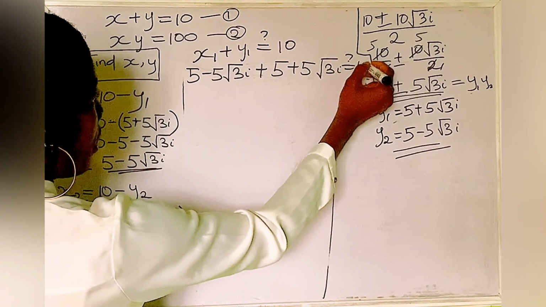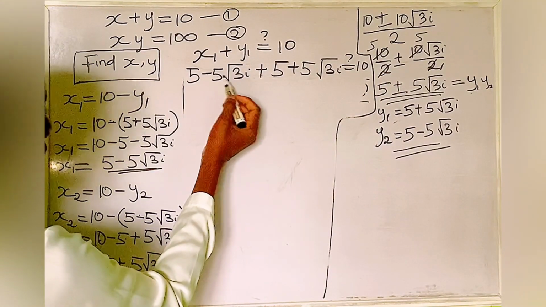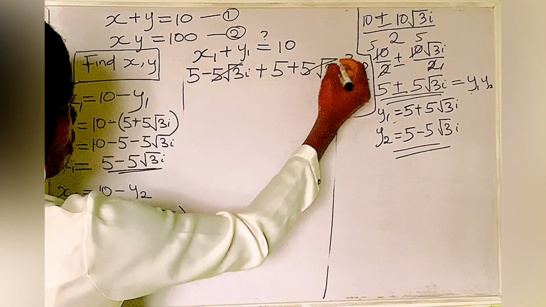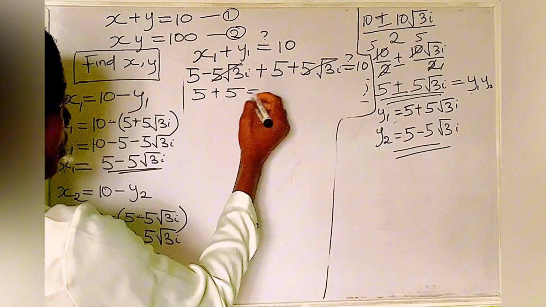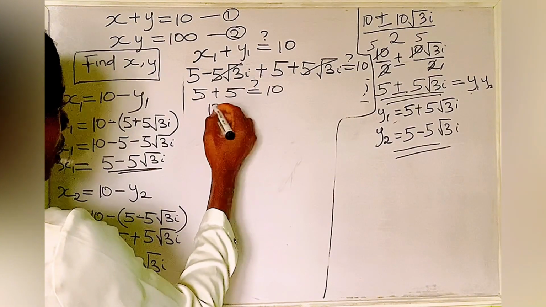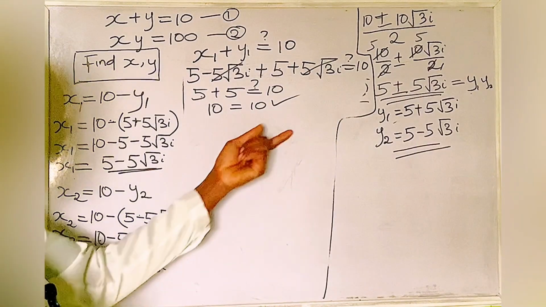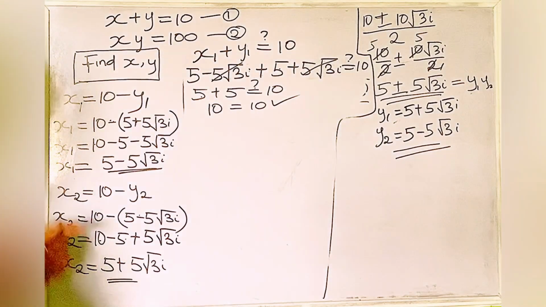Is it equal to 10? Here we can see that we have negative 5 root 3i and plus 5 root 3i. Automatically this cancels out. So we're left with 5 plus 5, which is 10. That means our left hand side is the same as our right hand side. So our values for x1 and y1 are correct.